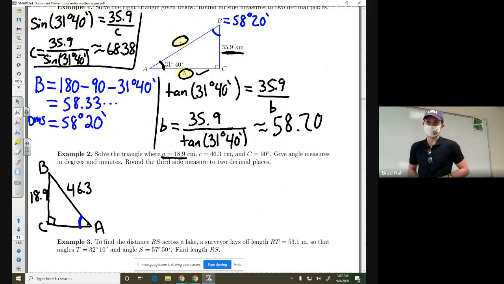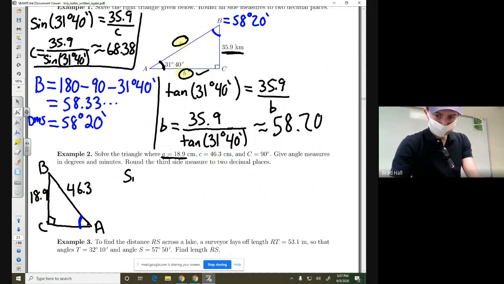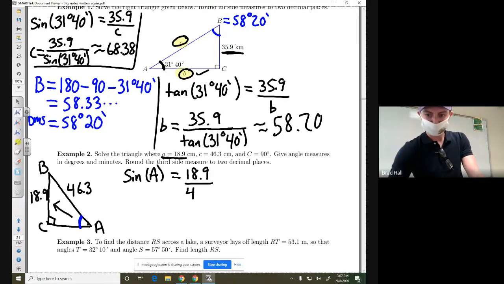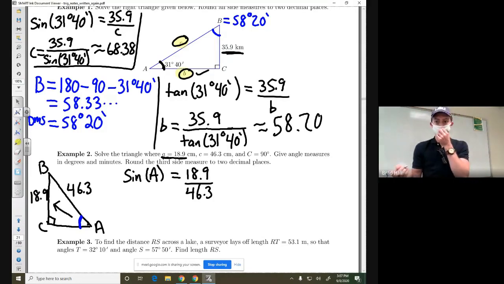We can use sine. So sine of A, well, what's opposite of A? Opposite of A is 18.9. And what's the hypotenuse? It's 46.3. So hey, that works out perfectly.